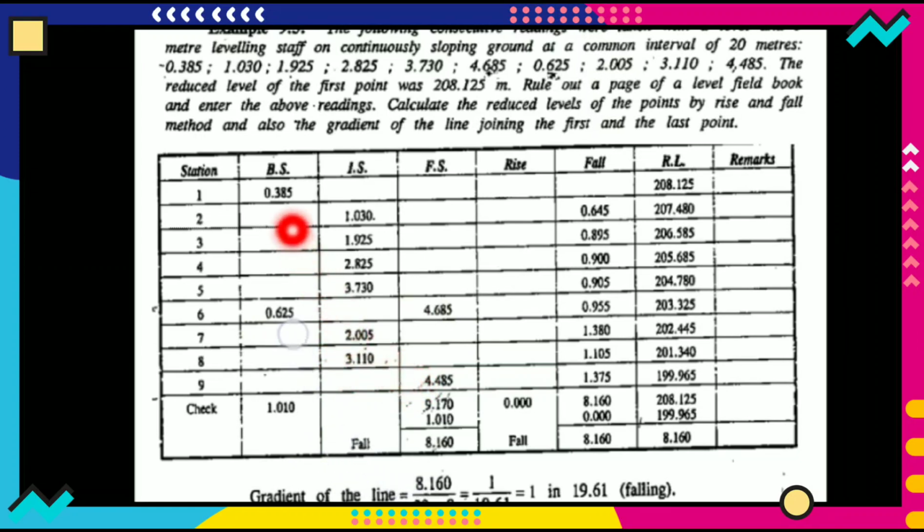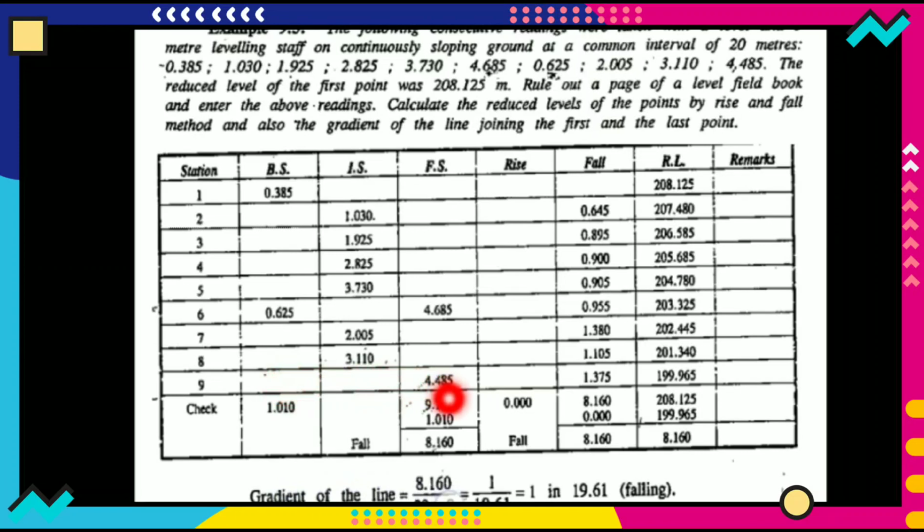Okay, we add backsight 1, 2 and the sum is 1.010. Summation of foresight, this and this, the answer is 9.170. So summation of backsight minus summation of foresight is equal to, here in this question he subtracted summation of foresight minus summation of backsight in reverse form.